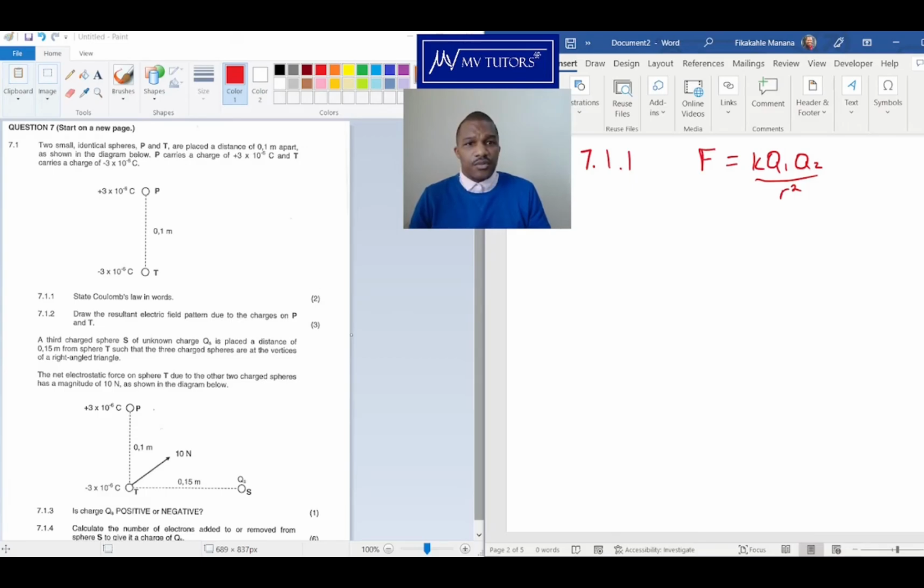So we can therefore say that Coulomb's law states that the magnitude of the electrostatic force, we have to know how to use the exact words, that electrostatic force.